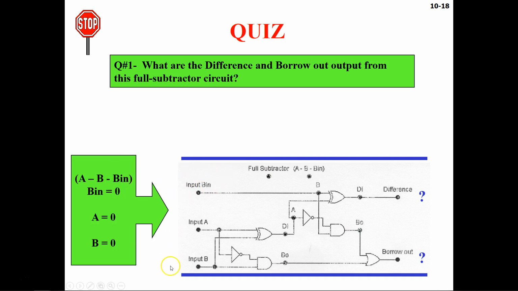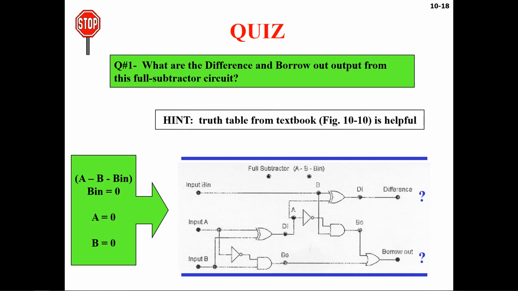In this case we have three inputs, right? You have input B in, input A, and input B. So if you subtract these, and the borrow in going into the circuit is 0, and A and B both are 0, if all of these are 0, then the difference is going to be 0 and borrow is going to be 0.